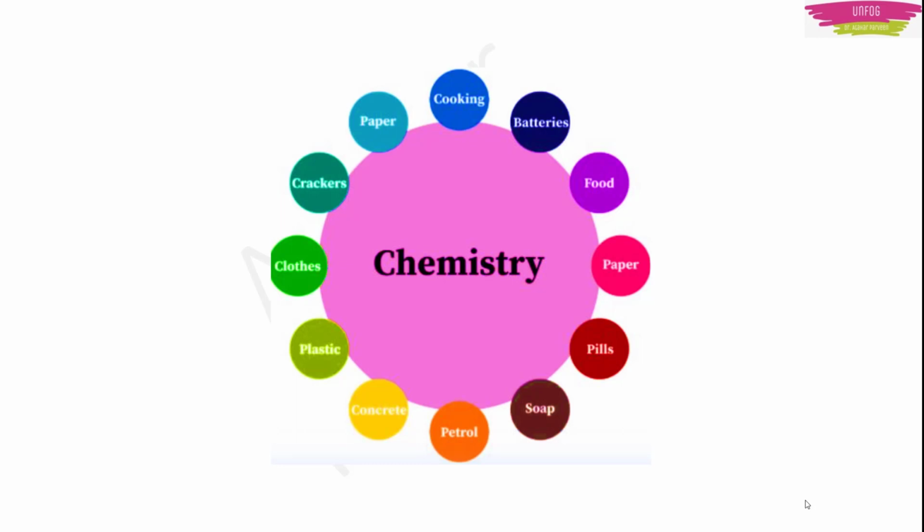So many times in our day-to-day life we come across chemistry, isn't it? There are particularly a few chemicals which we use in our daily life, so we are going to study about those chemicals in this class.